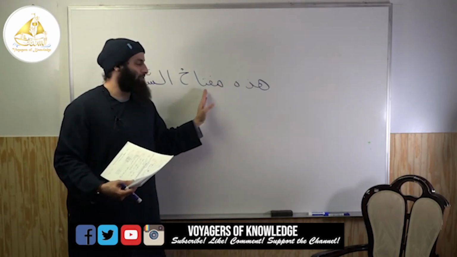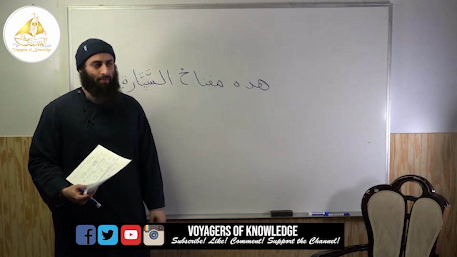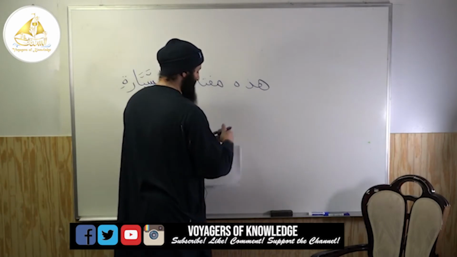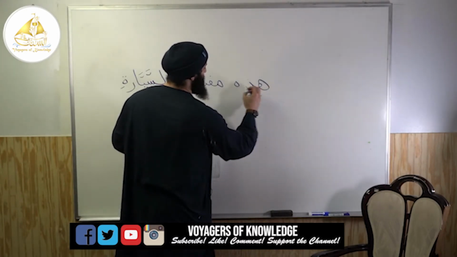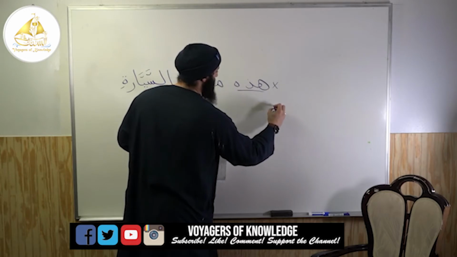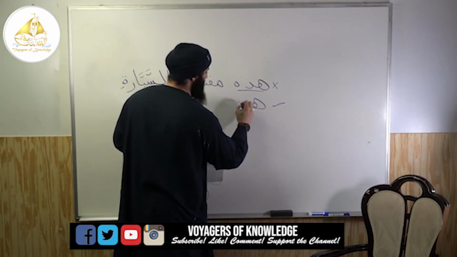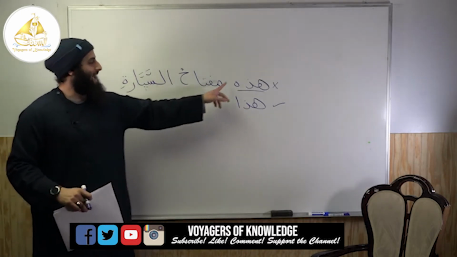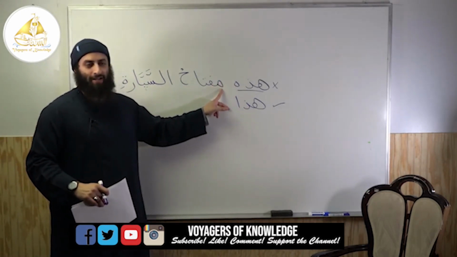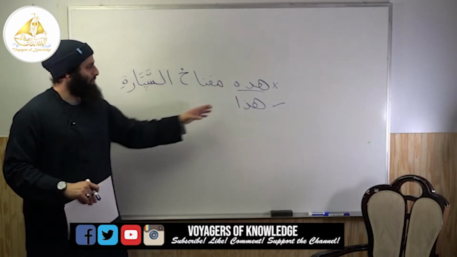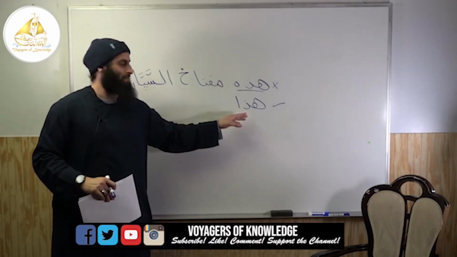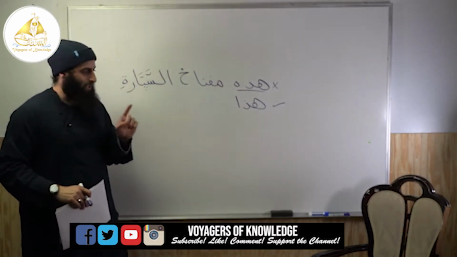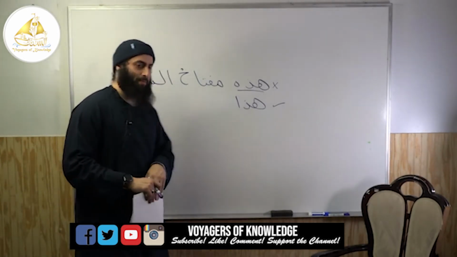So هذه to describe miftah is not correct. Miftahun is one and it's a masculine object. So this should be changed: هذه is incorrect, and the correct one should be هذا مفتاح السيارة. Some of you added alif and lam to al-miftah. All right? Any word that comes after هذا, and you want to say, this chair, right?